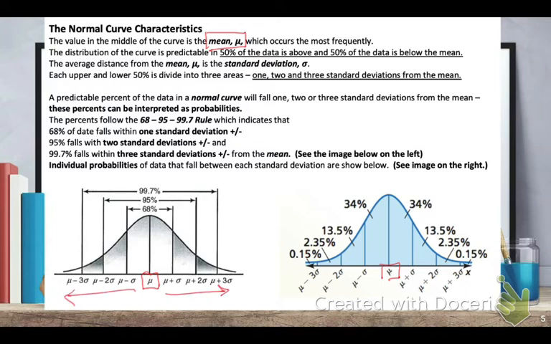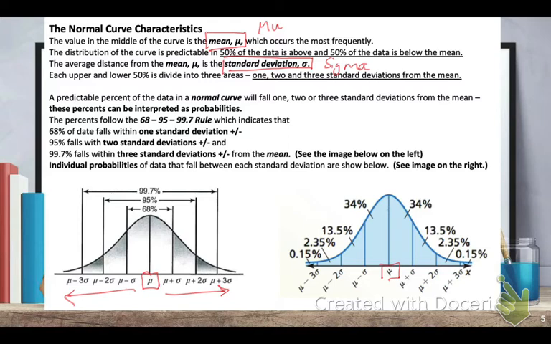The average distance from the mean is another statistical measure that we talk about, and so that is called standard deviation, and we use the Greek letter sigma. So this would be mu, and this is a sigma. So each upper and lower 50% is divided into 3 areas. So 1, 2, and 3 standard deviations from the mean. A standard deviation is just the average distance from the mean, or it's like a step away from the mean.